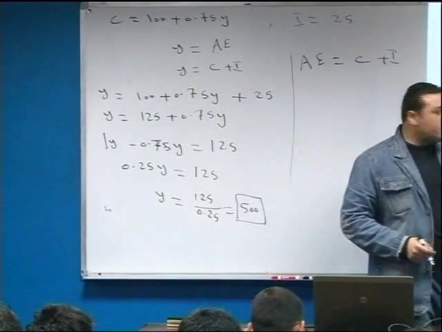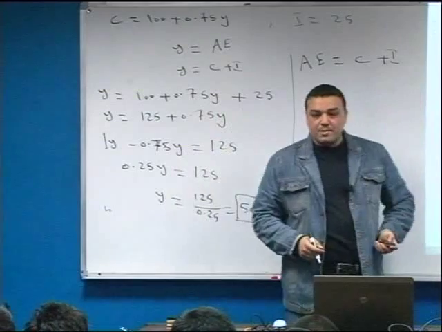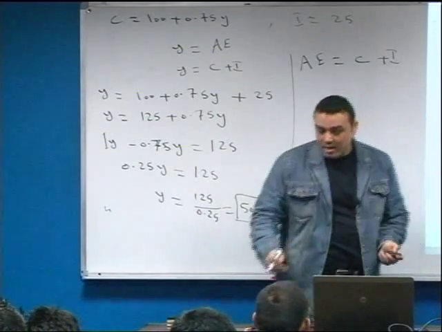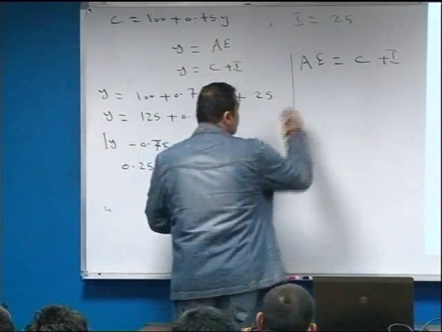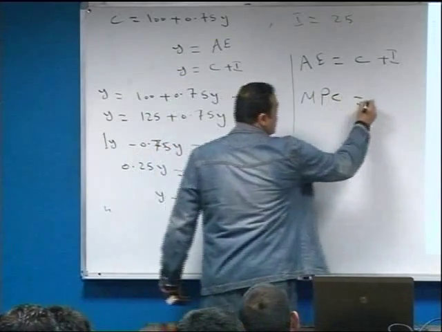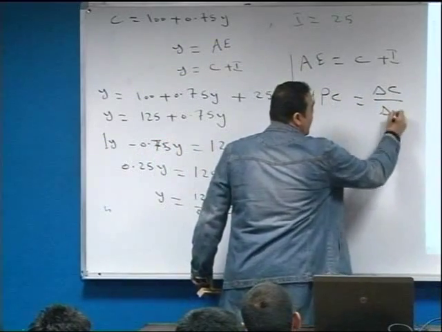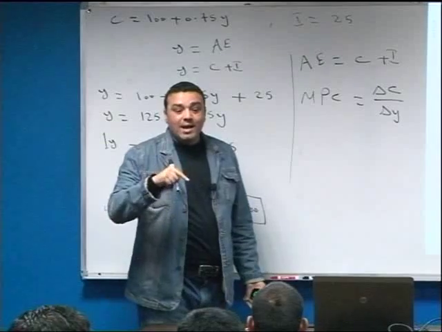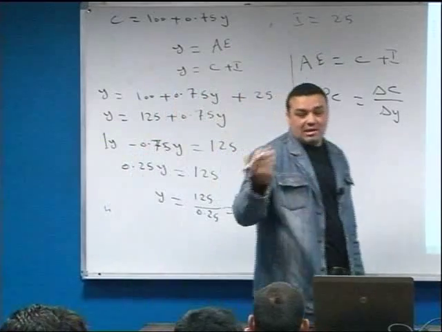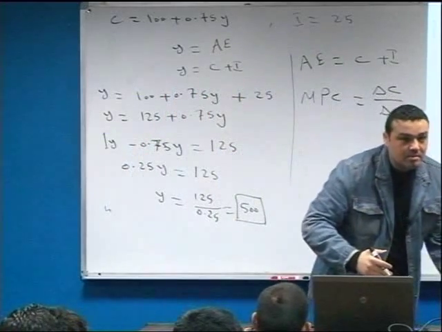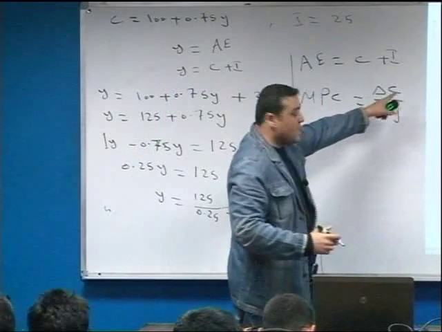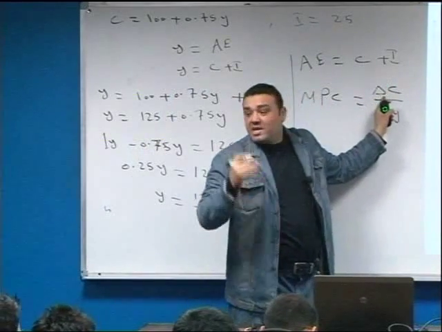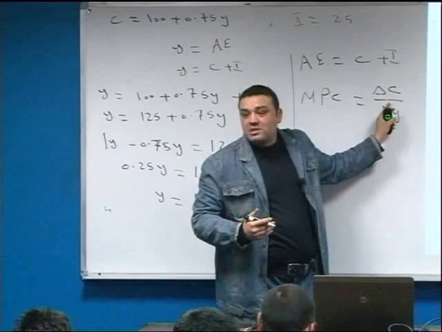Is it easy to derive or calculate the marginal propensity to consume? MPC equals delta C over delta Y, or delta aggregate expenditure over delta Y. The same result, because the slope of the consumption function is the same as the slope of the aggregate expenditure function.